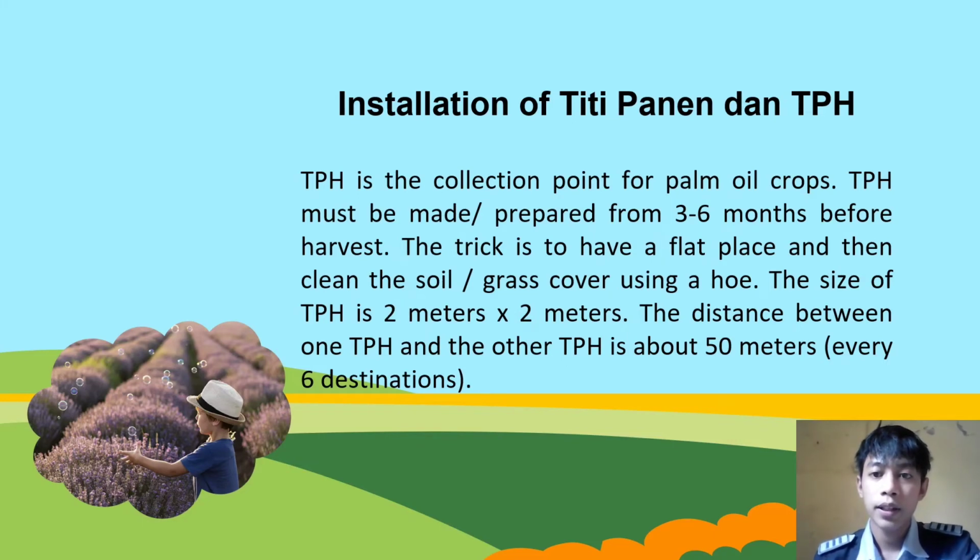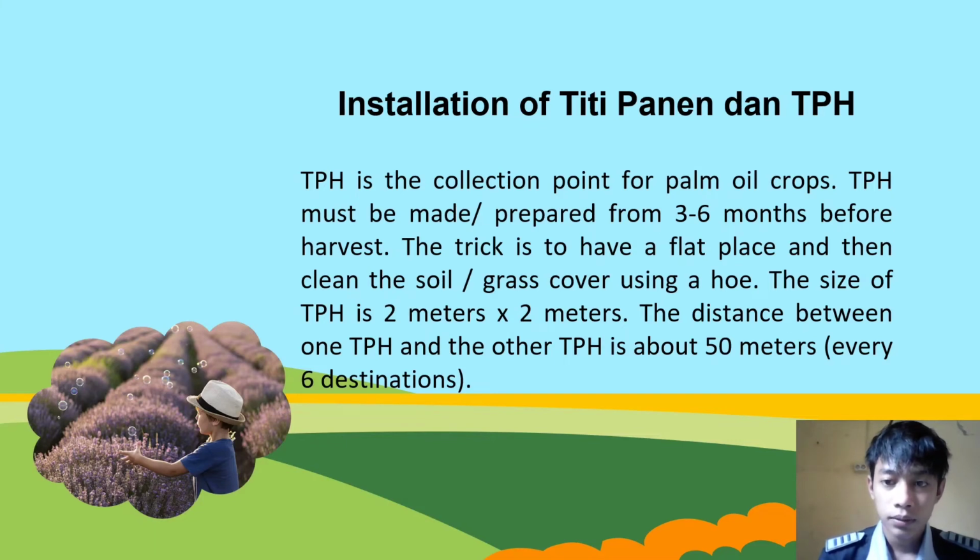Installation of TPH. TPH is the collection point for palm oil crops. TPH must be prepared 3 to 6 months before harvest. The way is to have a flat place in the plantation, clean the soil and grass, and cover using a hoe.